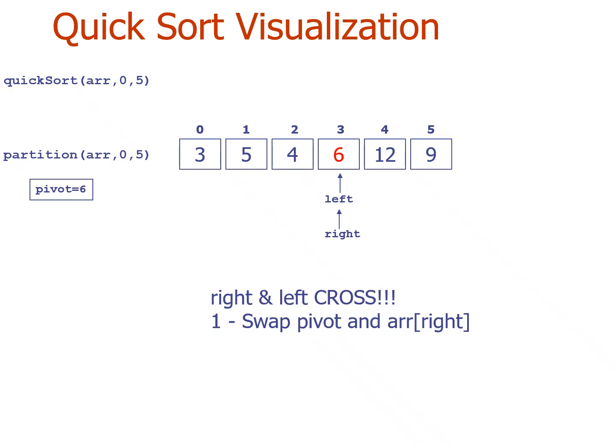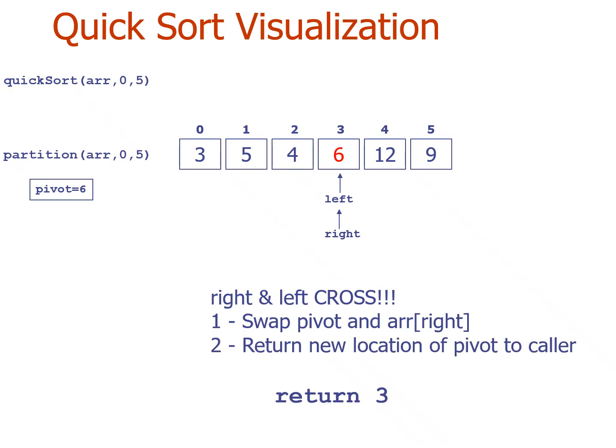This is what you want to see: all the values to the left of 6 less than 6, all the values to the right of 6 greater than 6. Okay? Now, we're going to return the index of 6 to highlight that this is the current division point.